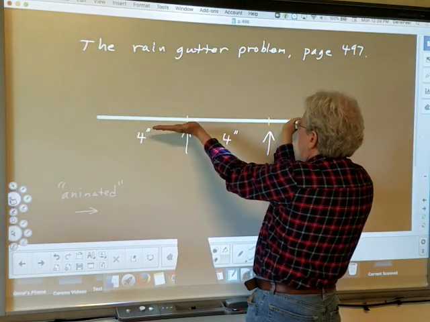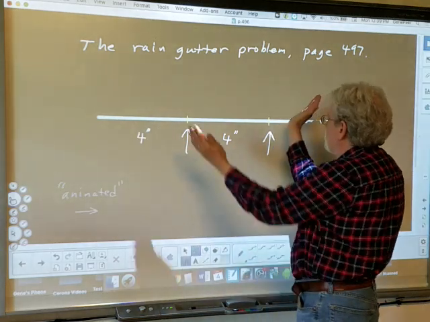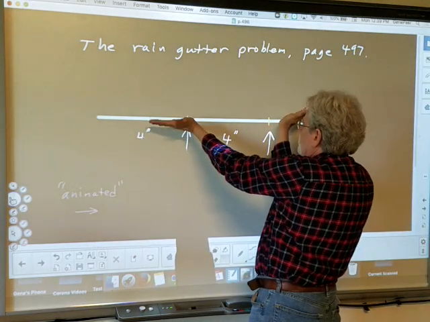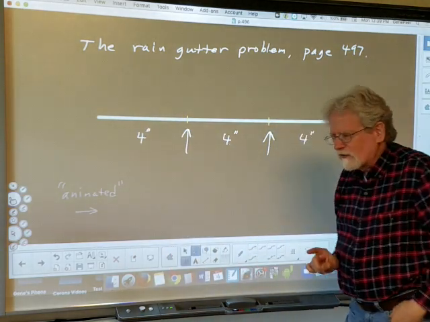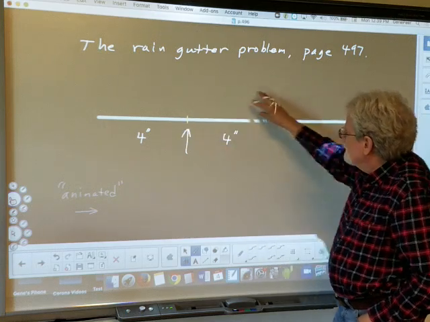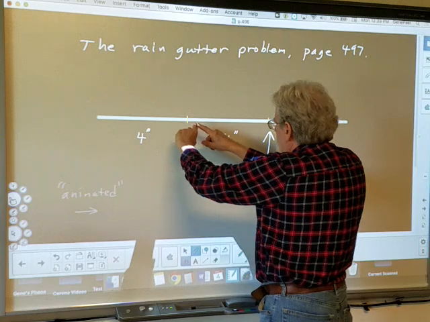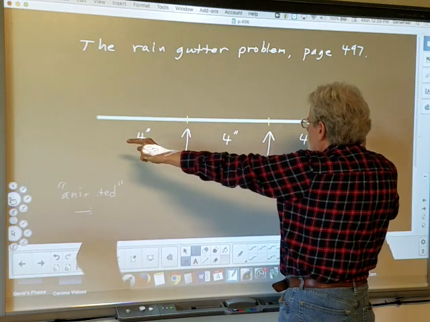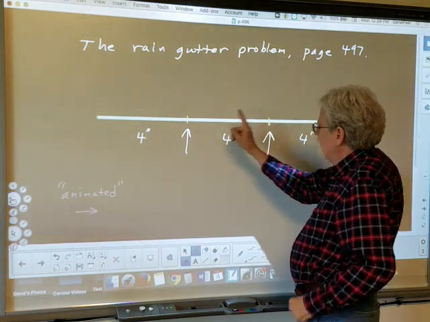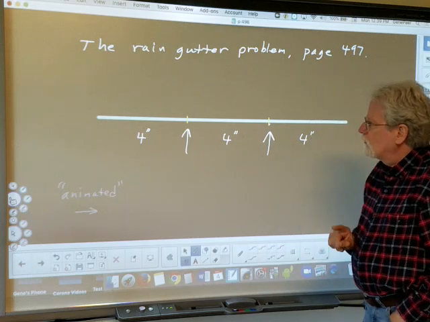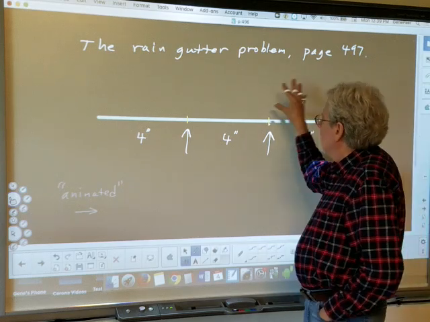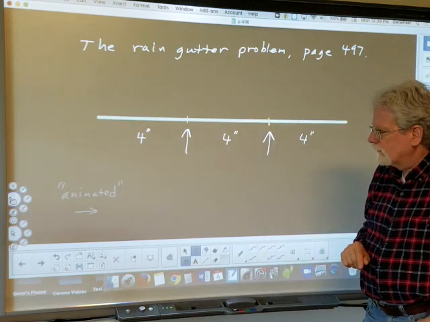The question is, at exactly what angle do we bend it to get the maximum possible area inside this gutter, given that we have 12 inches and we're going to bend it at 4 and 4? What's the correct angle to get maximum area inside here?